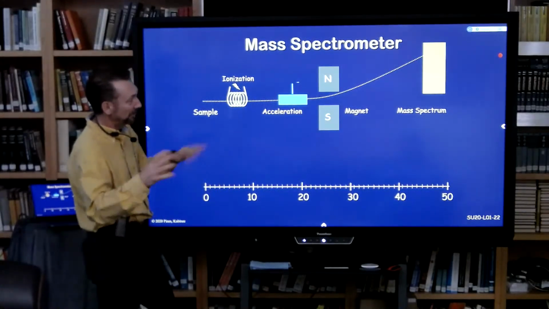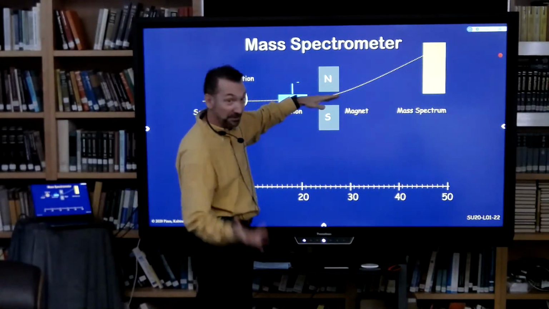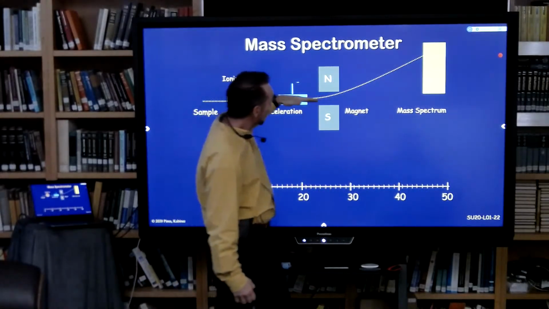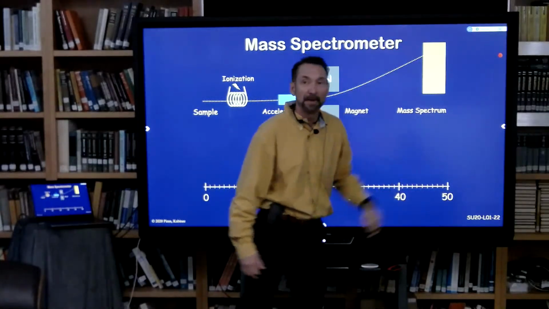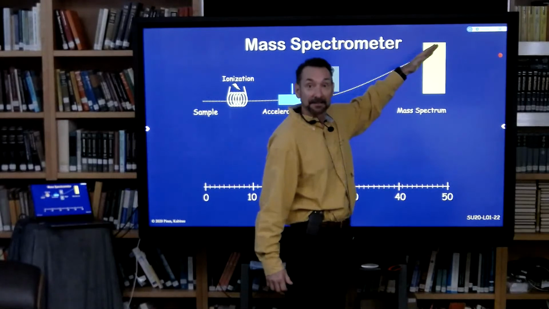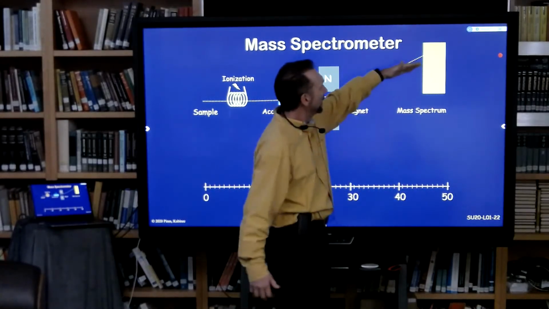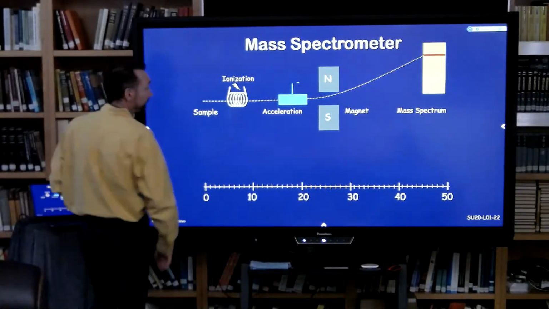You don't have to know all this physics, but when a charged particle passes through a magnetic field, there's a force on it. In this case, it's a skewed magnetic field, so it bends the path up here, but it bends it depending on the mass. So light particles are deflected a lot, and the heavier particles are not deflected as much.